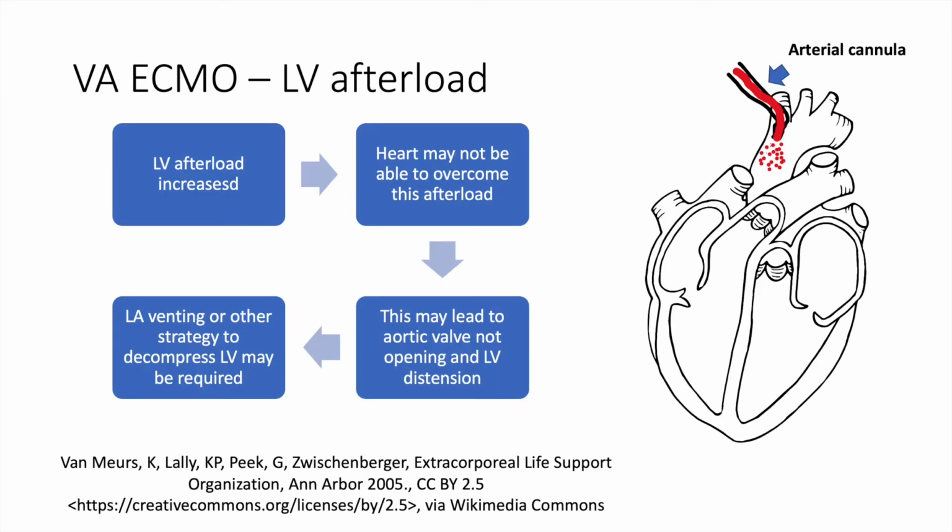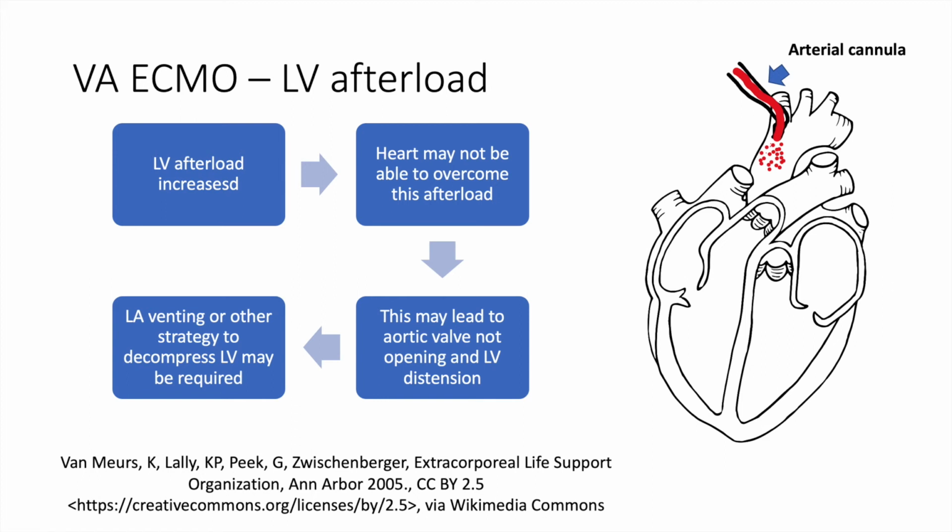An important aspect to remember about VA ECMO is that it usually leads to a significant increase in the left ventricular afterload. You can imagine the arterial cannula as a hose that is pumping blood into the proximal aorta. The heart has to overcome this extra resistance to pump from the left ventricle.